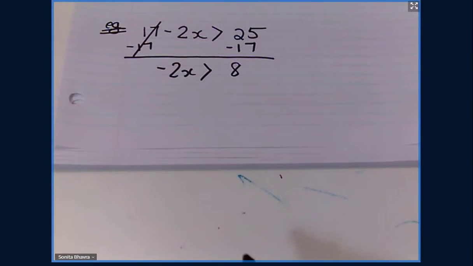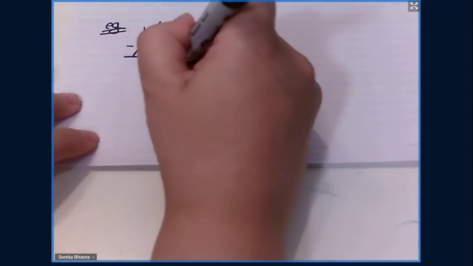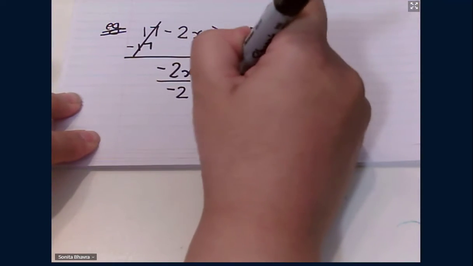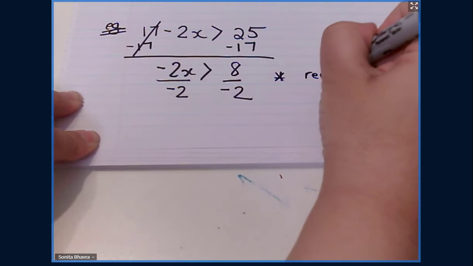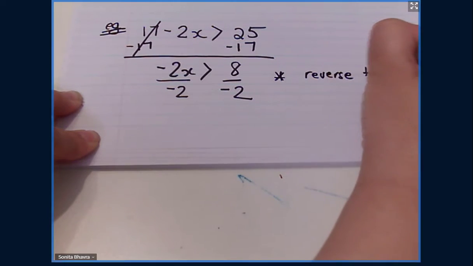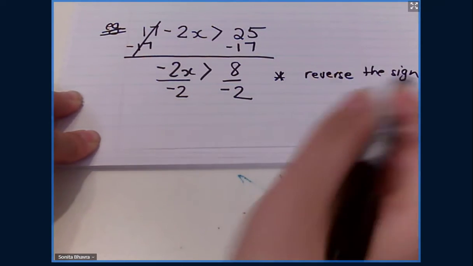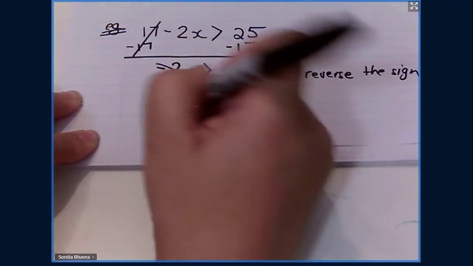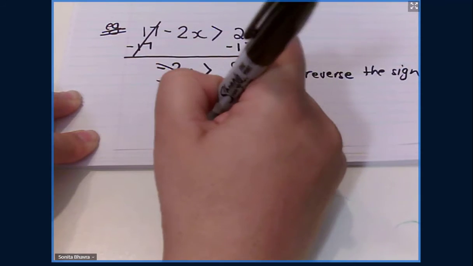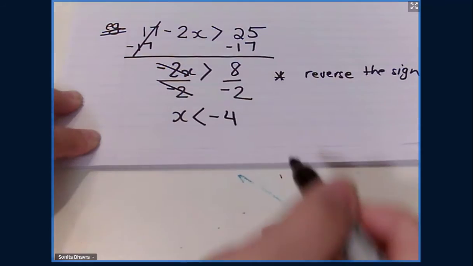All right, and then we're going to divide by negative 2. And here is where we have to reverse the sign because we are dividing by a negative number. And that leaves me with x is less than negative 4.